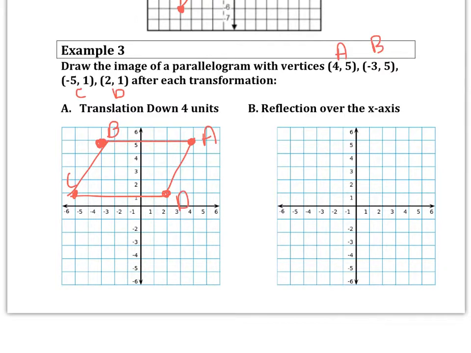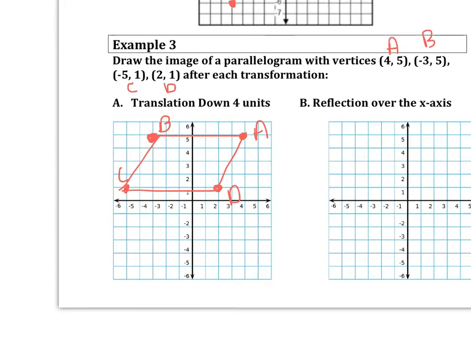Now, because this figure is translating down 4 units, what that would mean for the new coordinates, so for A prime, is our X will stay the same, but the Y will be decreased by 4. So that means A prime, which was originally 4, 5, would now be 4, 1.